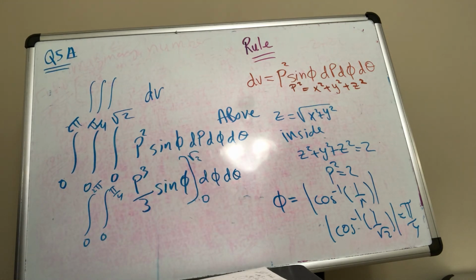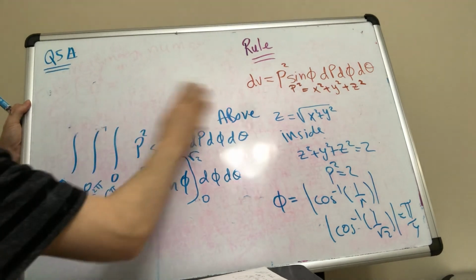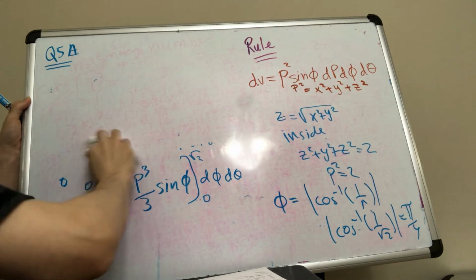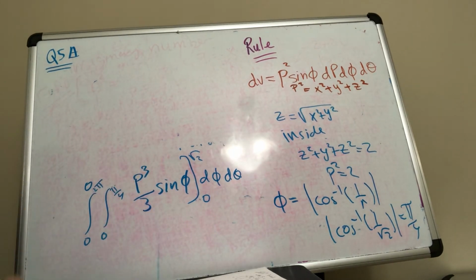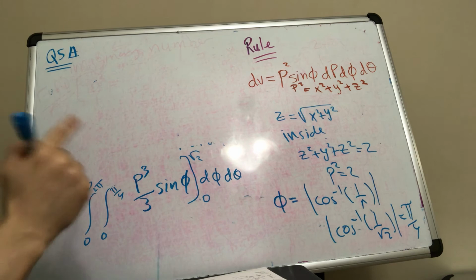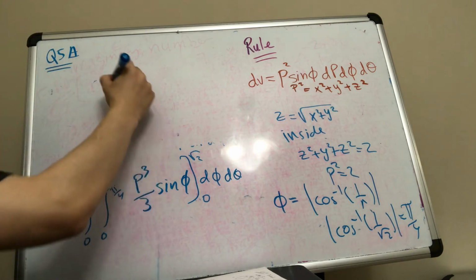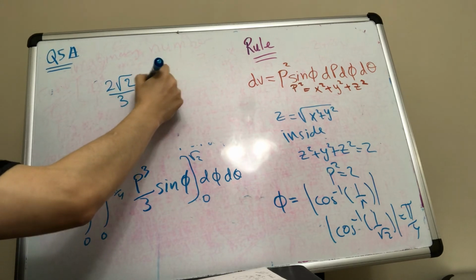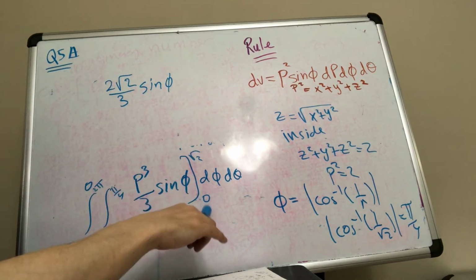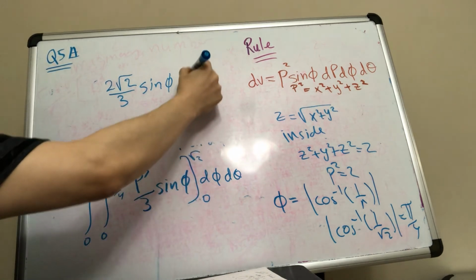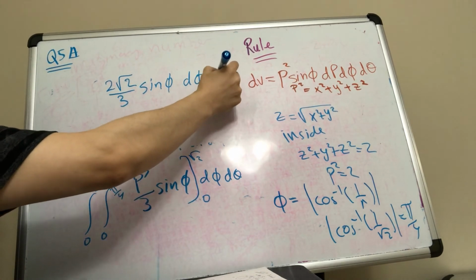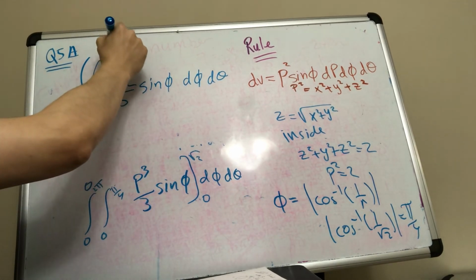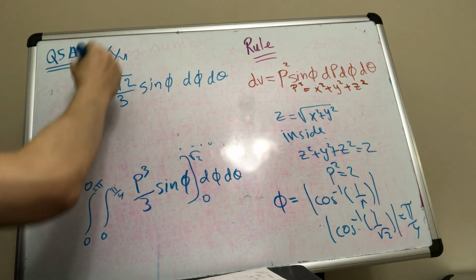I'm going to erase some of this. Root 2 cubed would be root 2 times root 2 times root 2, so that's 2 root 2 over 3 sine angle minus 0, 0 will cancel. So d angle 1, d theta, and we're still doing 0 to pi over 4 and 0 to 2 pi.